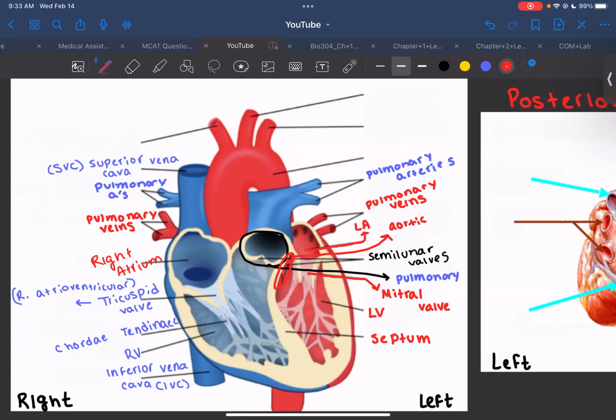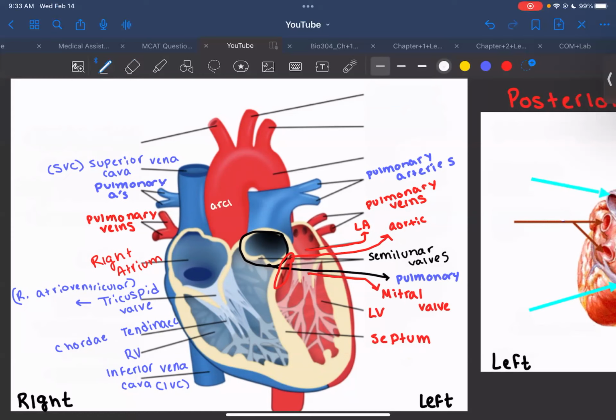Okay, so after blood gets into the left ventricle, it's going to go up that aortic semilunar valve and come up here. They don't really have it labeled, but this is going to be the arch. Oh my gosh, that's labeled horribly.